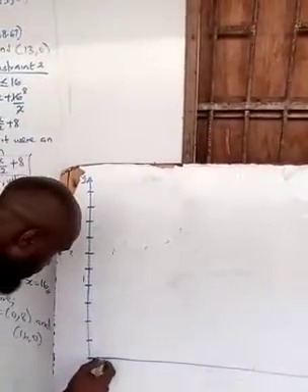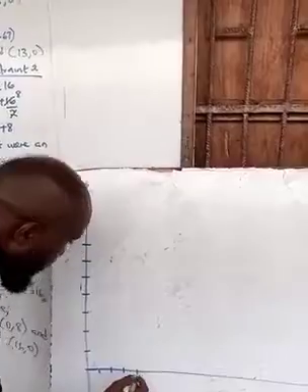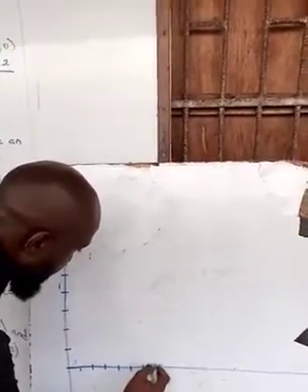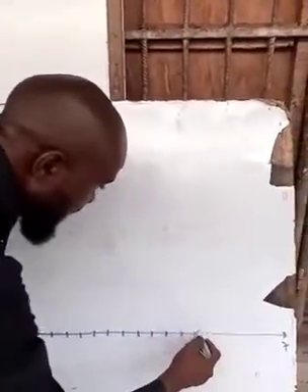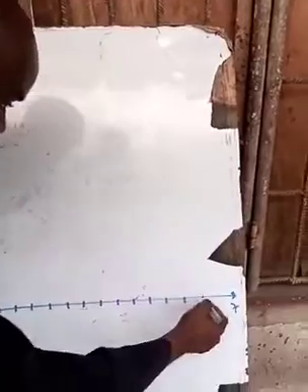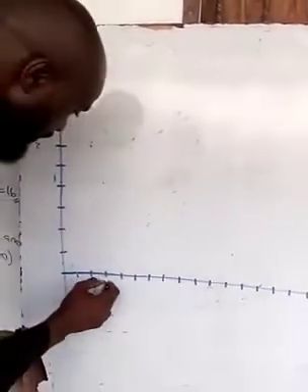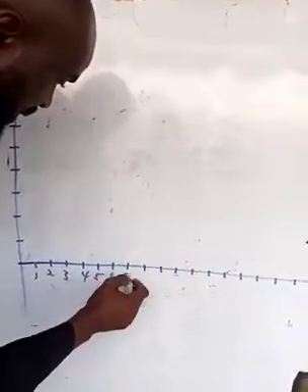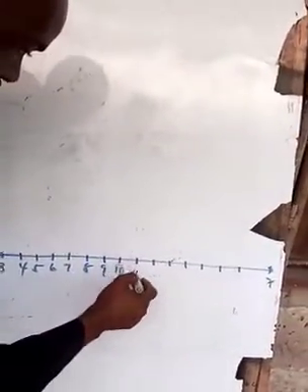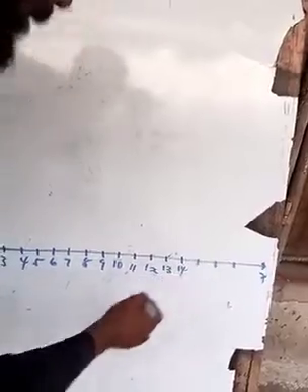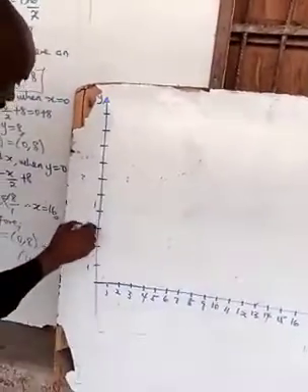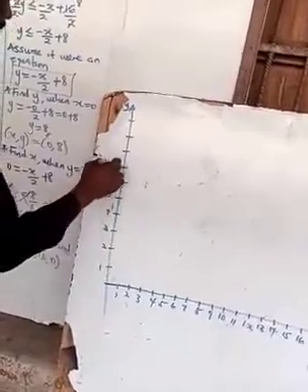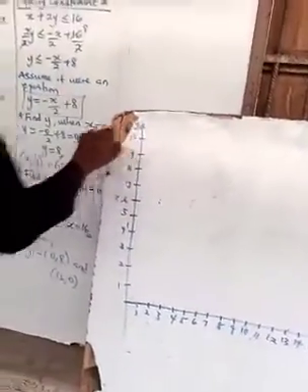So we have 1 up to 17 for x. That's x. Then for y, we have 1 to 10.